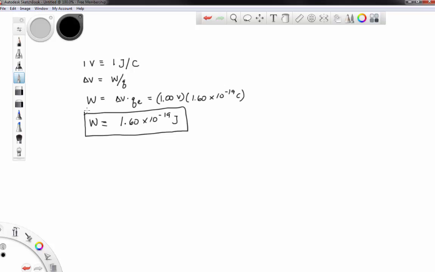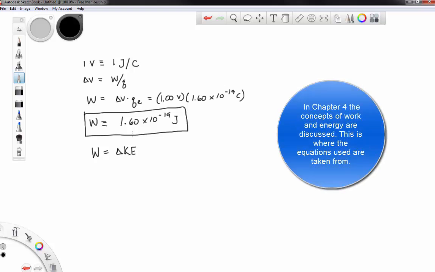The other part of the question was that we wanted to know how fast the electron would be moving. So remember that the work done is going to be equal to the change in kinetic energy. That's the work energy theorem that was mentioned in chapter 4, the chapter on energy and work.